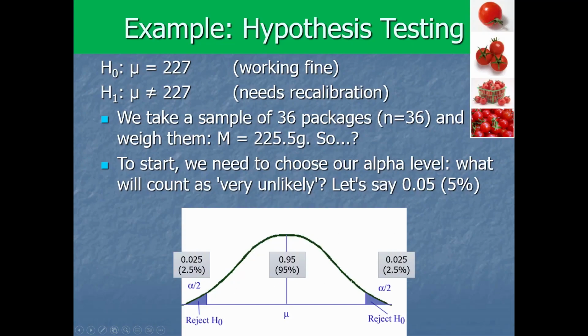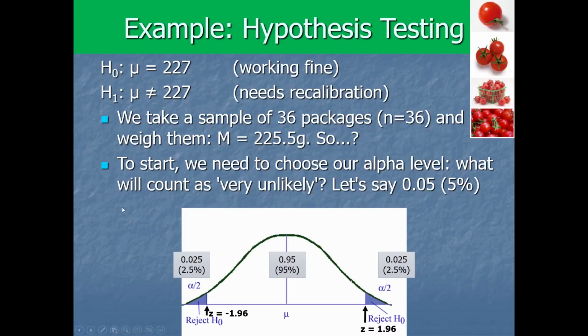Then we can use a z-table, a standard normal table, to see what z-score cutoffs would put 5% into those two tails. So we need to figure out what those are. You look at the table, it tells us a z-score of 1.96 on the right side or negative 1.96 on the left side. Maybe that's what cuts off 5% into the tails.